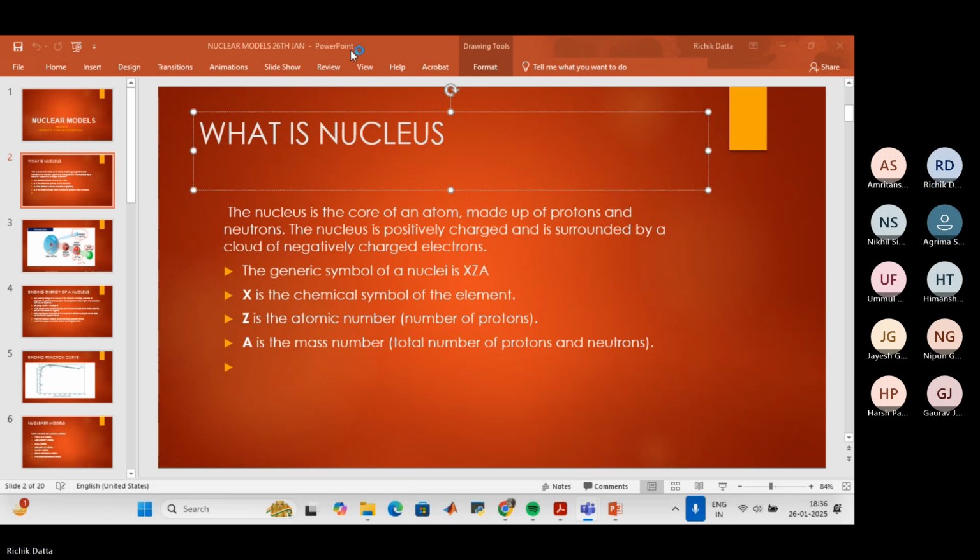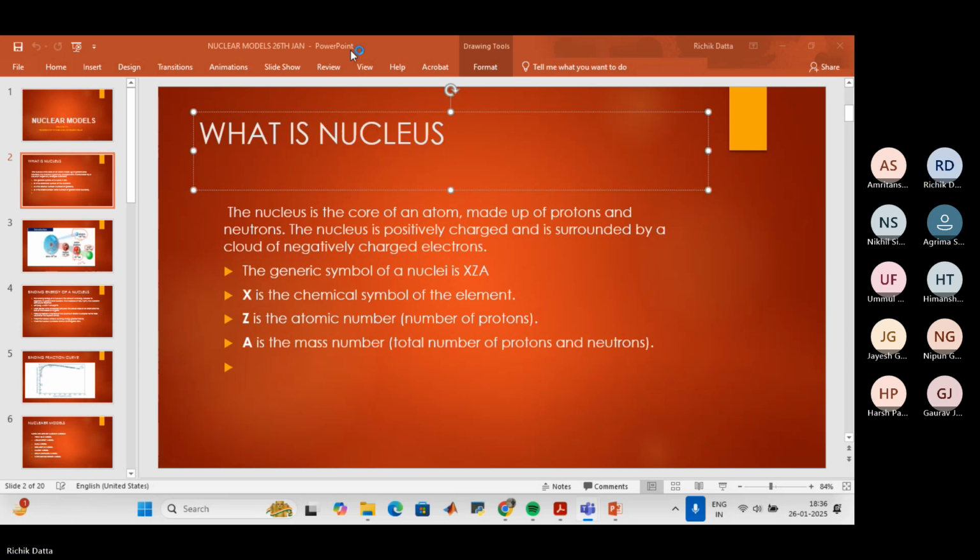Do you all know about isobars, isotones, and isotopes? I'm not discussing those. In the generic symbol of the nucleus, Z is the atomic number, meaning the total number of protons present in the nucleus, and A is the mass number, the total number of protons and neutrons.